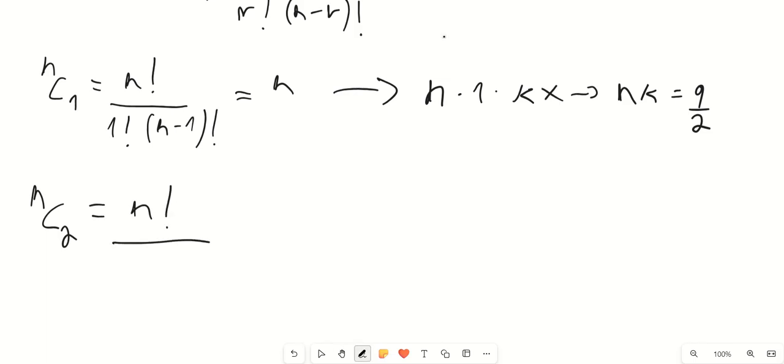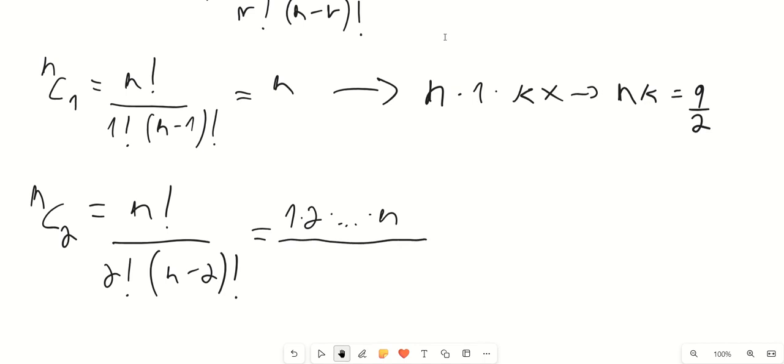So here I get the factorial of n over factorial of 2 times n minus 2 factorial. So n factorial is the multiplication of all numbers from 1 until n. 2 factorial is 2, and n minus 2 factorial is the multiplication of all numbers starting with 1 and going till n minus 2.